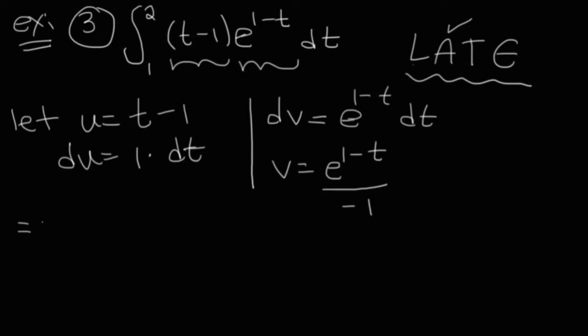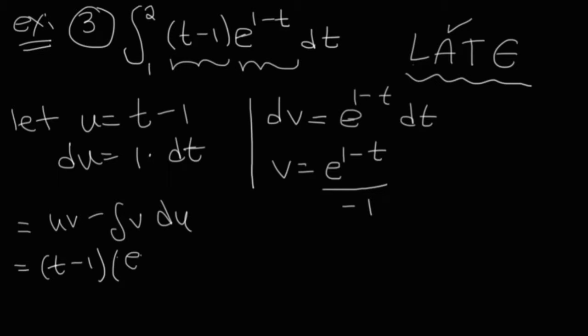Okay, so again, remember the formula uv minus the integral of v du. So I'm going to rewrite it quickly here, and we're just going to sub it in. So u was t minus 1. Now be careful, because here we have bounds to evaluate. But we do have to evaluate from 1 to 2. So my u was t minus 1.